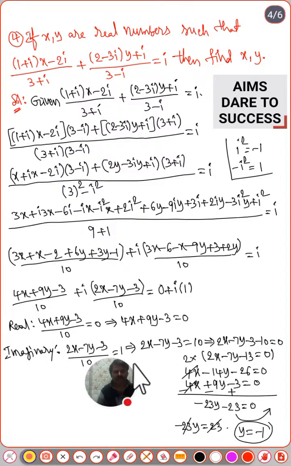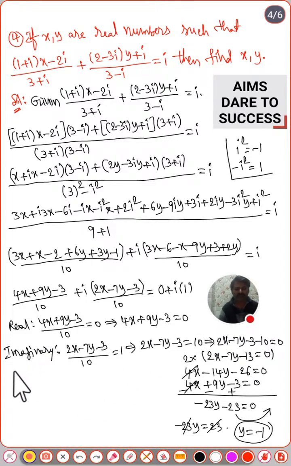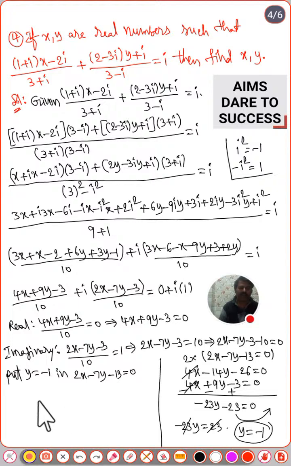Coming to next, we can find the x value. To get the x value, put y is equal to minus 1 in the small equation, in 2x minus 7y minus 13 is 0. So 2x minus 7 into y value, which is minus 1, minus 13 equal to 0.